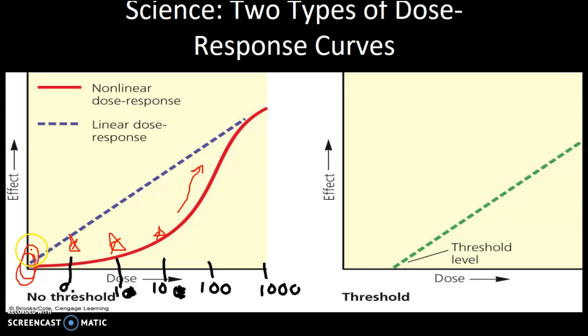In this case, there's no threshold level of toxicity, which means that even at the very lowest doses, there's going to be a response. But then that response stays pretty constant until we get to a higher number. I would say ibuprofen probably follows that curve, because most people get a response after 1 pill. 2 pills, 3 pills.